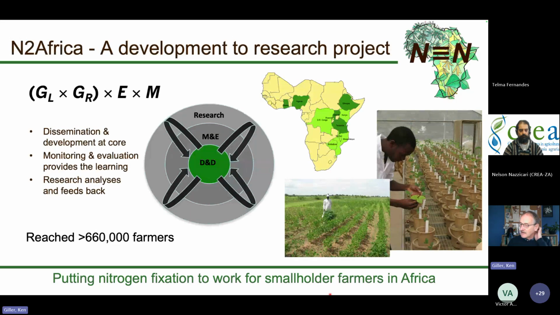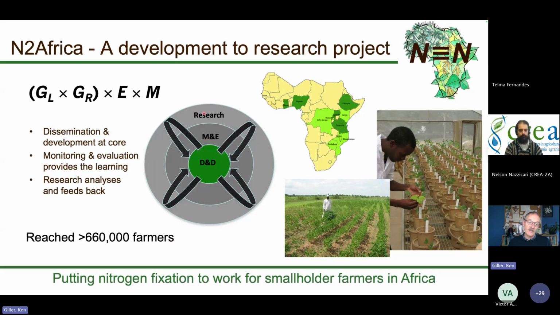And we called the project a development to research project. So we started, if you like, with rolling out technologies, and I'll talk more about this. So taking the best technologies that we had at hand, rolling those out with farmers, so dissemination and development as the core, then with a strong monitoring and evaluation shell, which improved our learning on the performance of things in the field.